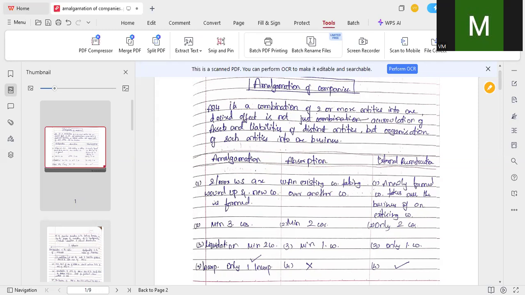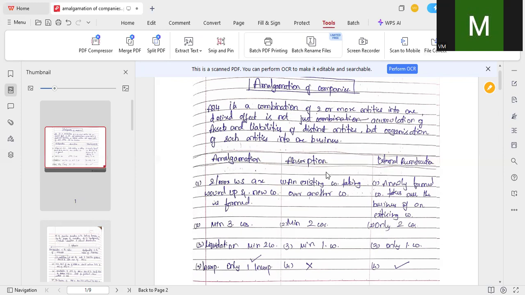In normal parlance, what do you mean by amalgamation of companies? According to AS 14, amalgamation is a combination of two or more entities into one.